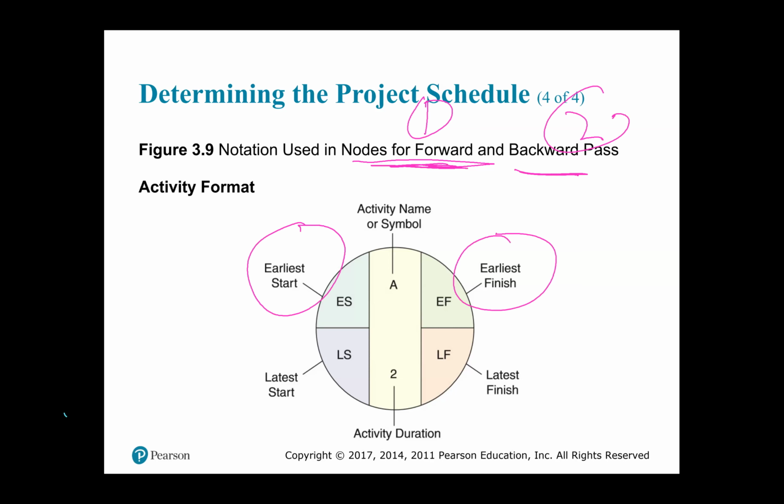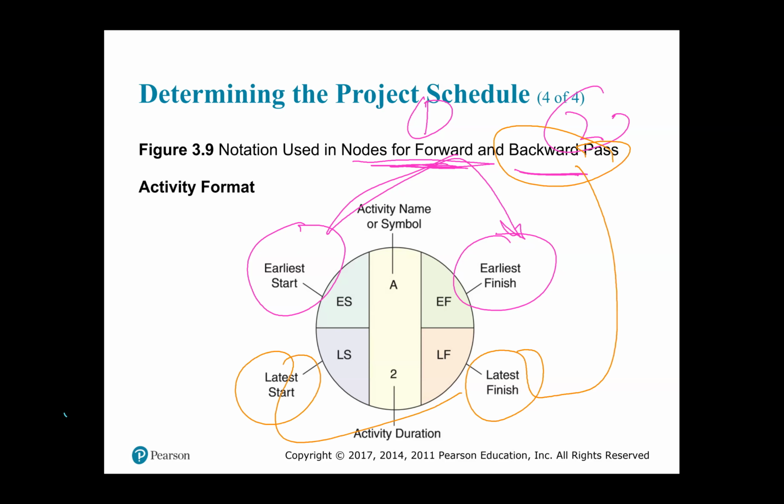So again, on the forward pass, we determine our earliest start time and the earliest finish time. Those are the only two finishes we can do on the forward pass. On the backward pass, we determine our latest start and our latest finish.